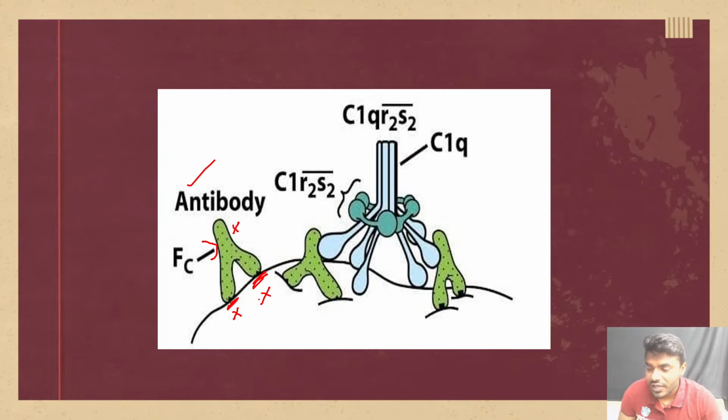I told you very clearly, if the antibody is not associated with the antigen, the complement molecule never ever attaches. Do not get confused with that point, friends, just listen to me carefully. Now, the antibody is associated with the antigen. The moment the antibody associates with the antigen, which receptor is getting expressed, friends? The FC receptor is getting expressed.